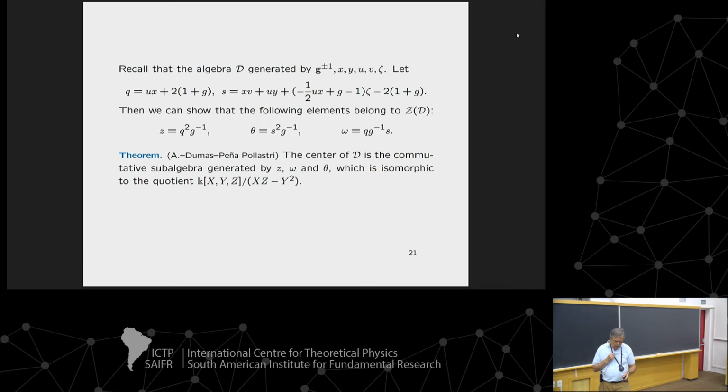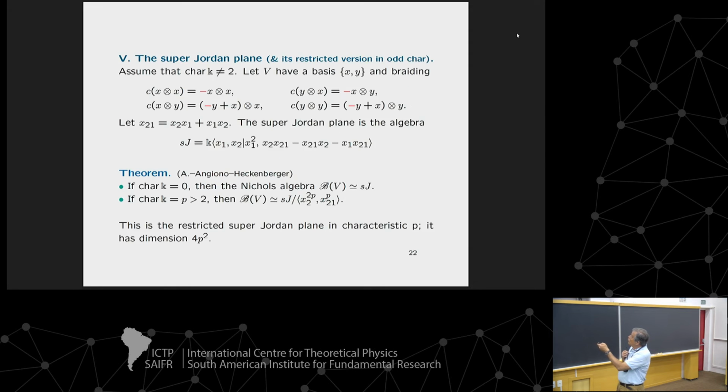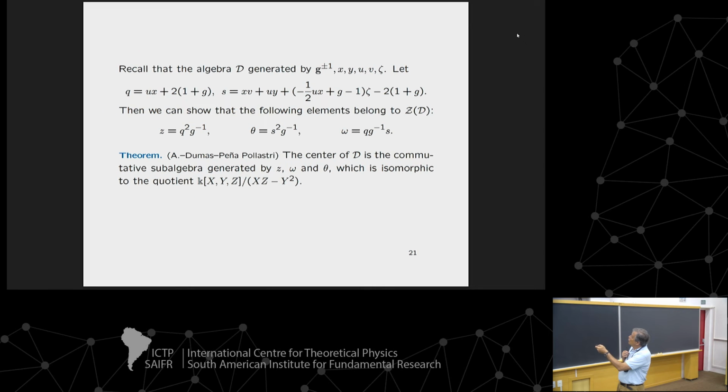The elements zeta, omega, and theta are constructed using two auxiliary elements Q and S, and they live in Frac of D, but actually we can show that they live really in D, and they generate the center. This theorem is proved with techniques of localization, non-commutative localization.